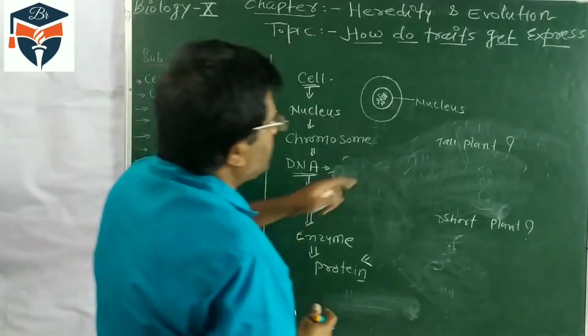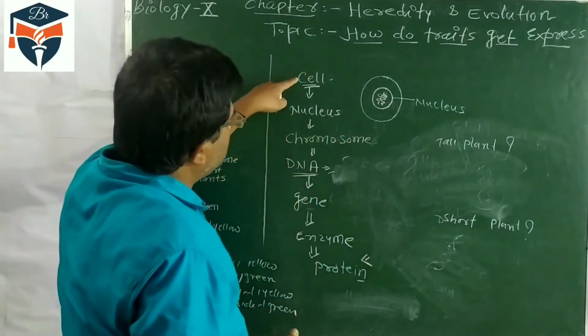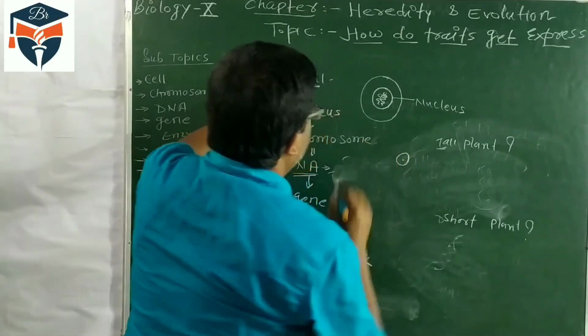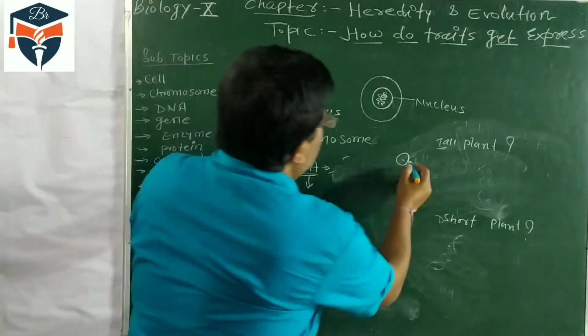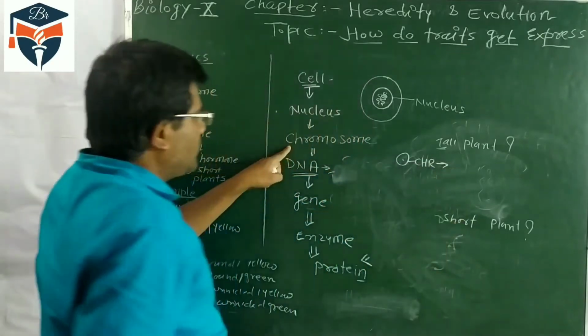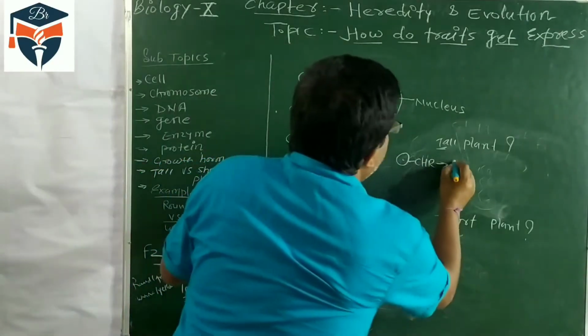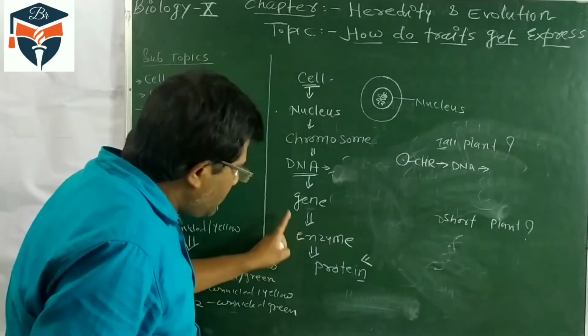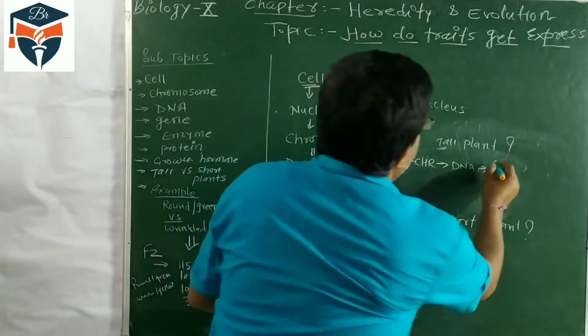What happens in the cells? In the cell there is a chromosome, in the chromosome there is DNA, and DNA synthesizes the protein.